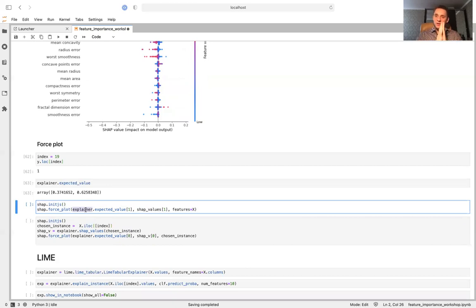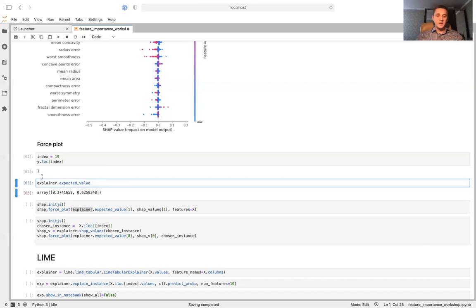How Shapley works is it has, I would say, two equilibrium levels for 0 class and 1 class, and our features start to vote to move the prediction out of the equilibrium level. The equilibrium level is actually explainer expected value. So this is the equilibrium value for 0 class and for 1 class.